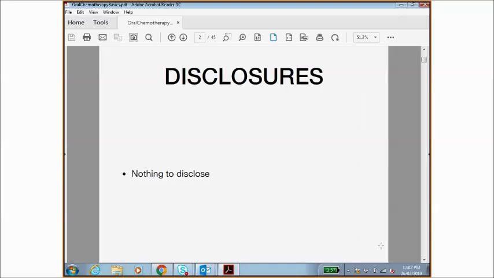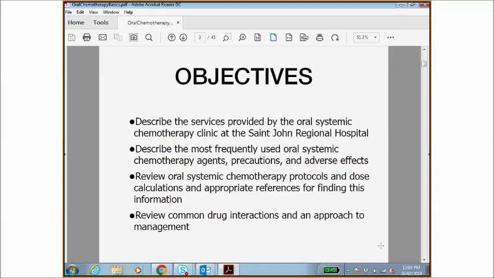I don't have any disclosures other than the fact that I'm very new at this. If there are any specifics or any real drug questions, I may have to pass you off to some of the experts that just walked in that work in the PO clinic.